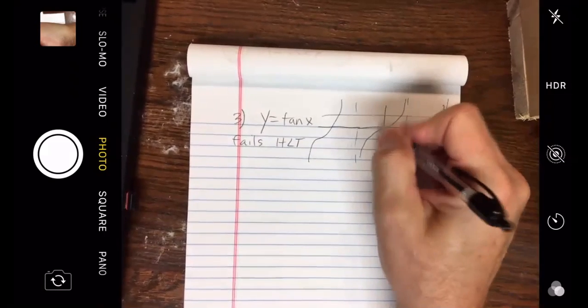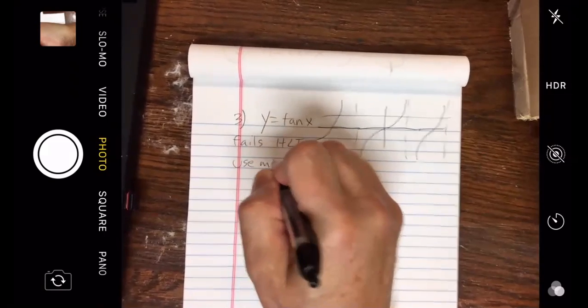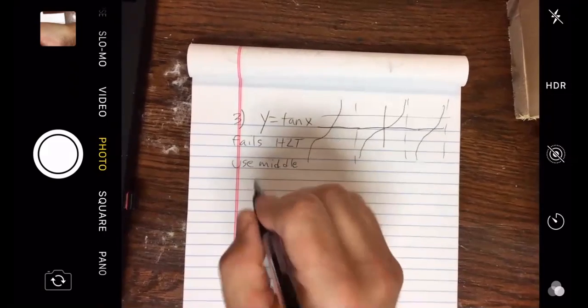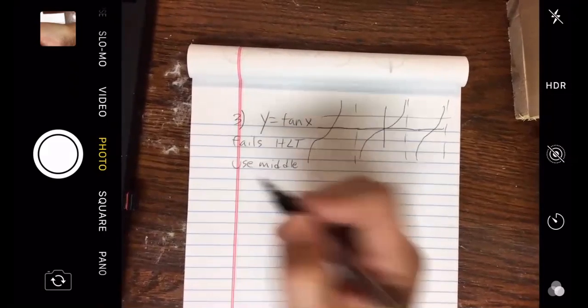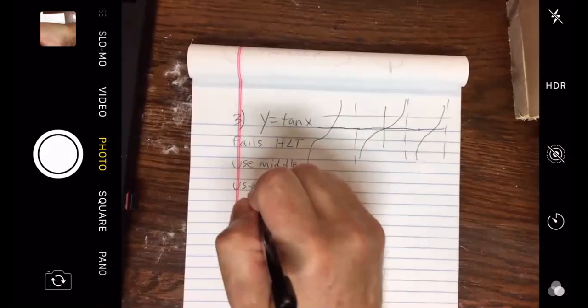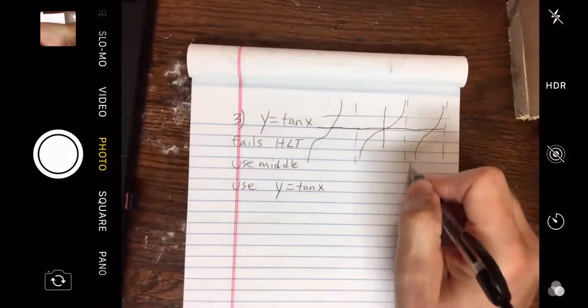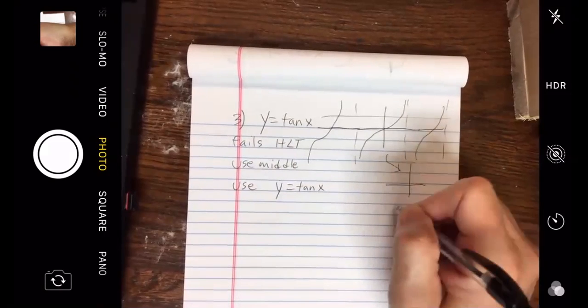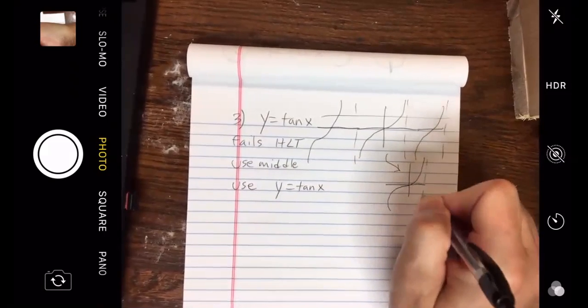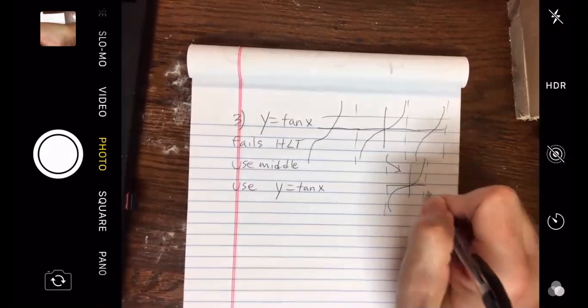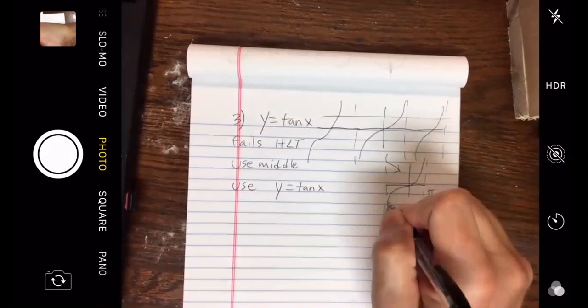We use the middle. And it turns out tangent's very similar to sine. Use y equals tangent x. The graph will be this middle one. Goes between these asymptotes, and it turns out this is at pi/2 and -pi/2.